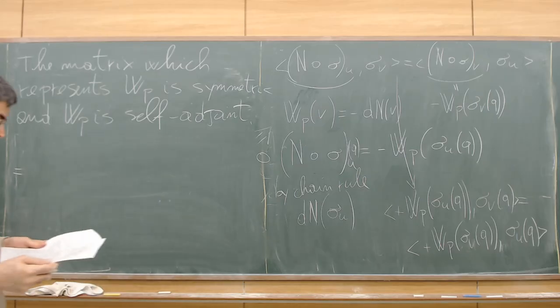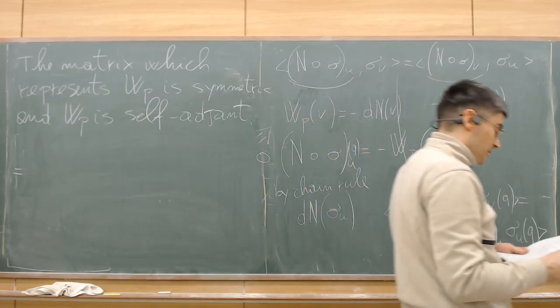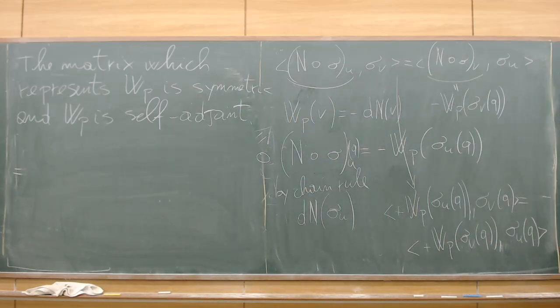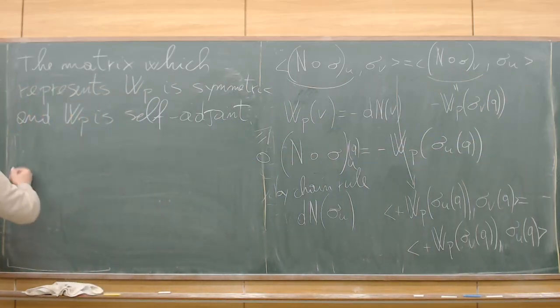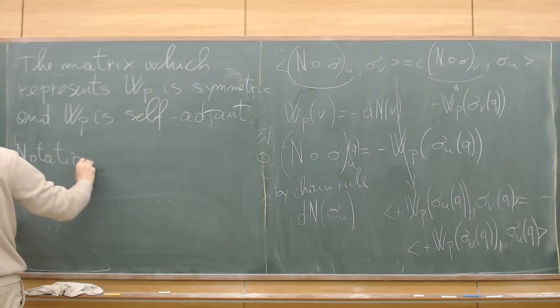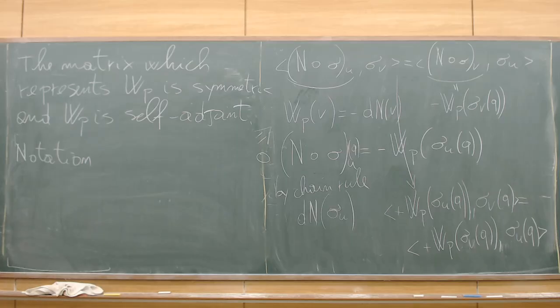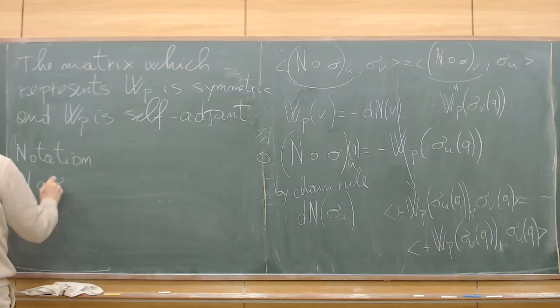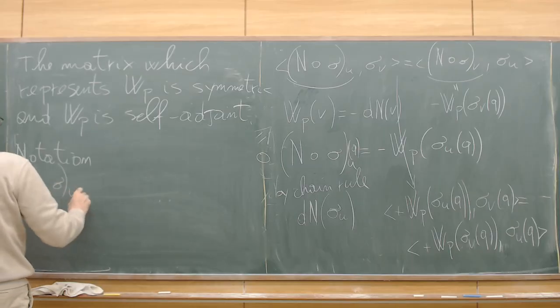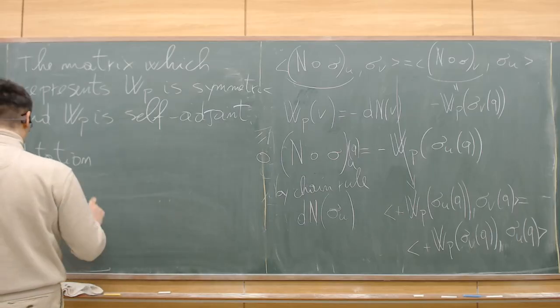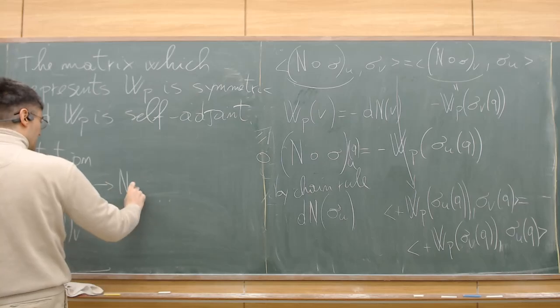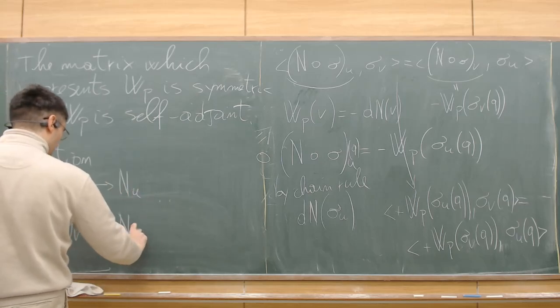Okay, now I want to introduce a bit of notation. Instead of writing n composed sigma U and n composed with sigma V, I will write NU and NV.